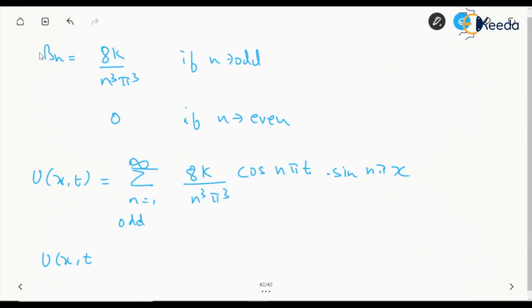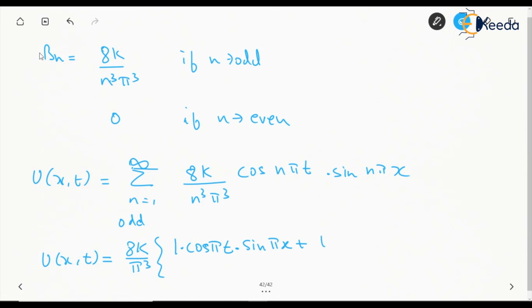So for all n odd, we can expand this and we will get u of x,t equal to, let's start with n equal to 1. Let's take 8k by pi cube common, so this is going to be 1 by 1 cube, so 1 into cos pi t into sine pi x, plus n equal to odd, so the next will be n equal to 3.